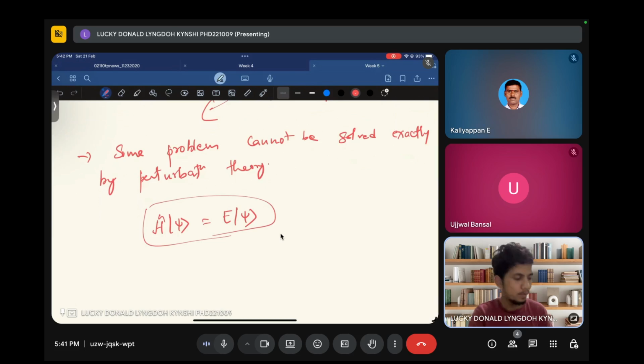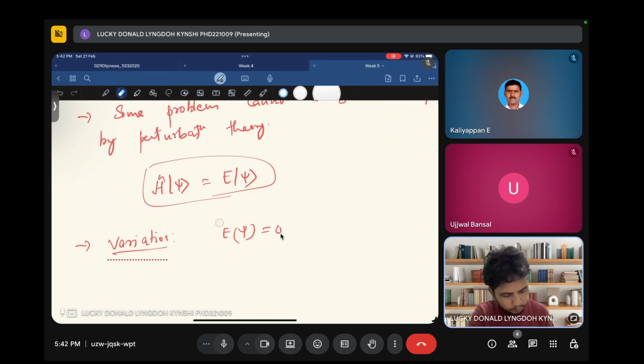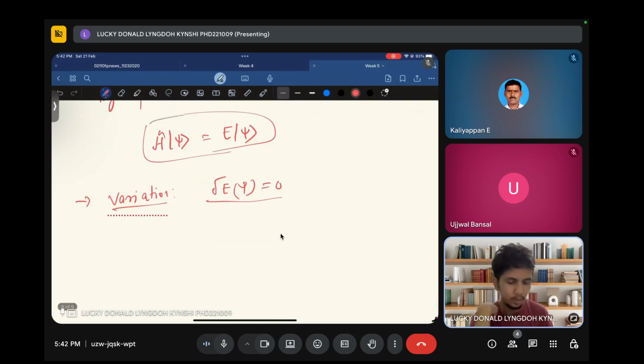But in the variation method, you solve delta E equal to 0. You don't solve your Hamiltonian directly, but you solve in the variation delta E equal to 0. That is the minima or maxima, where E is simply given by your expectation value.